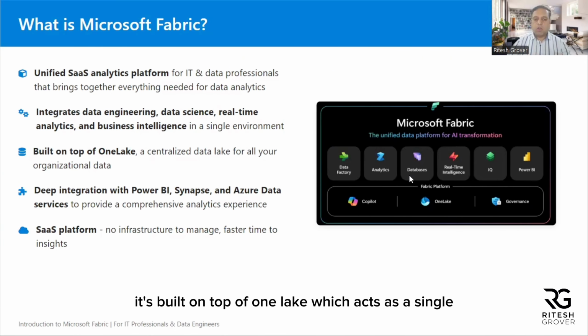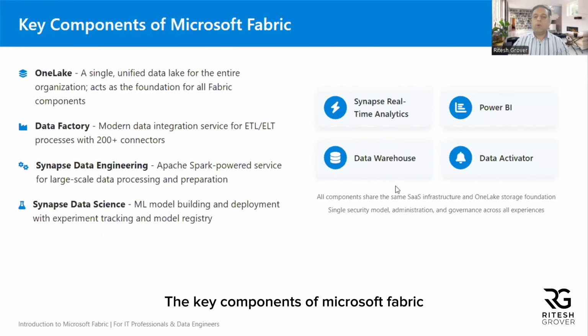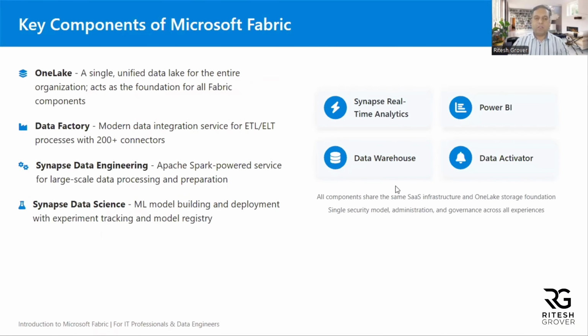It's built on top of OneLake, which acts as a single enterprise grade data lake for your entire organization. In short, it's a complete end-to-end analytics solution that simplifies data management, removes silos, and helps you focus on insights rather than infrastructure.